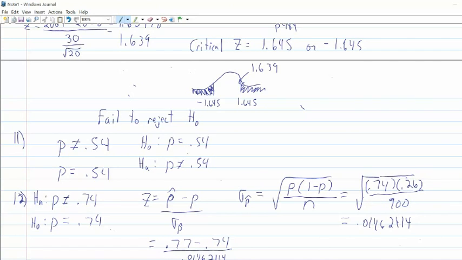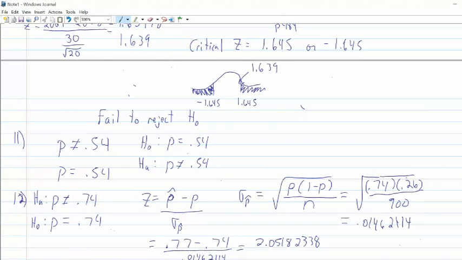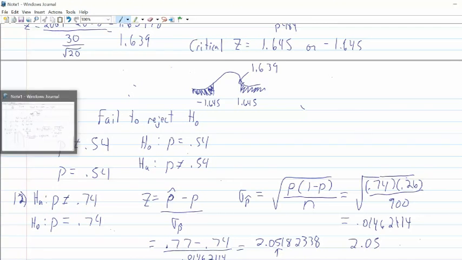Sometimes it's easy to forget to take the square root, so pay attention to the square roots when you have to take them. Anyway, that's going to be about 2.05182338. The problem tells us to round to 2 places. The second place is right here, so that's going to be 2.05. That is our test statistic.